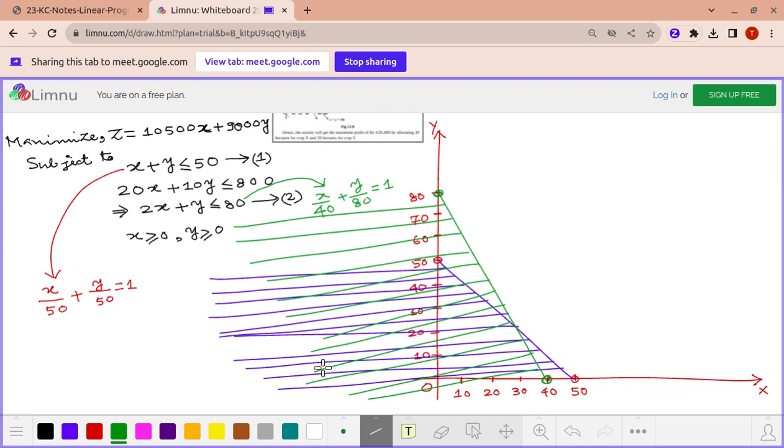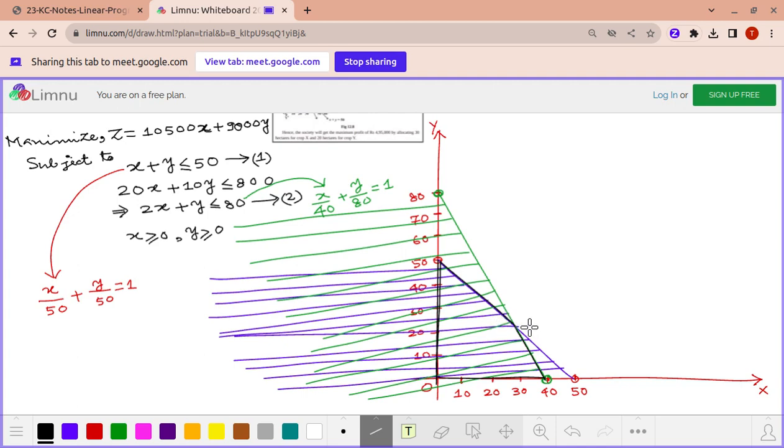That gives us that whatever we consider is in the first quadrant. So I am marking the feasible region in black color. So this part is coming, and after that this part is coming. Correct. So whatever I mark in black color, that border, that is the feasible region.